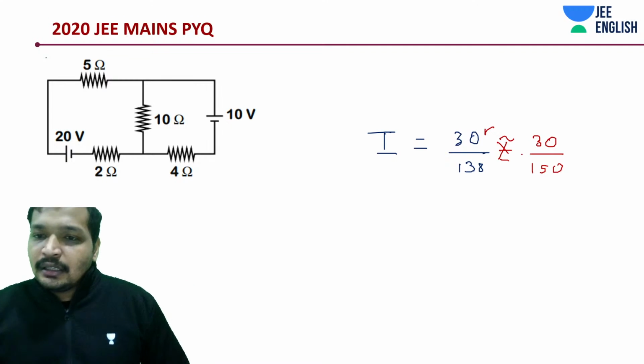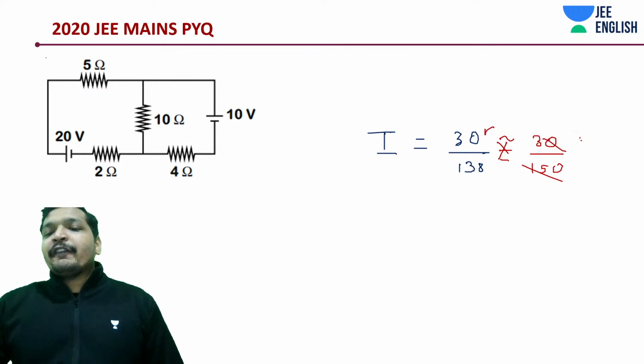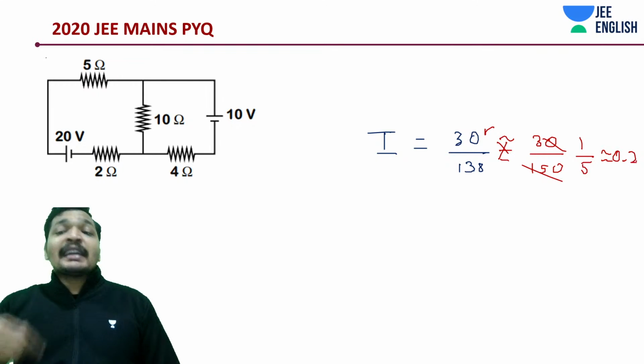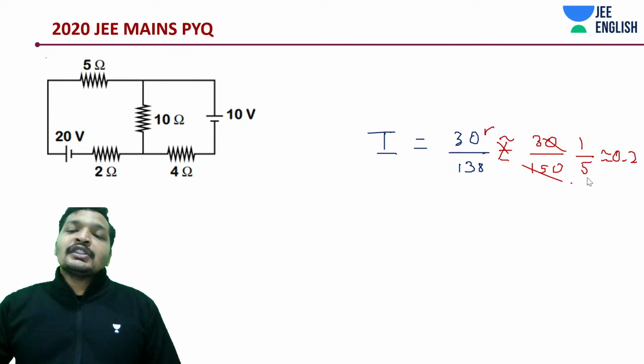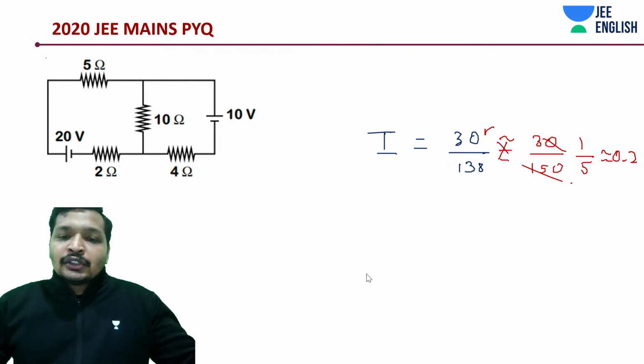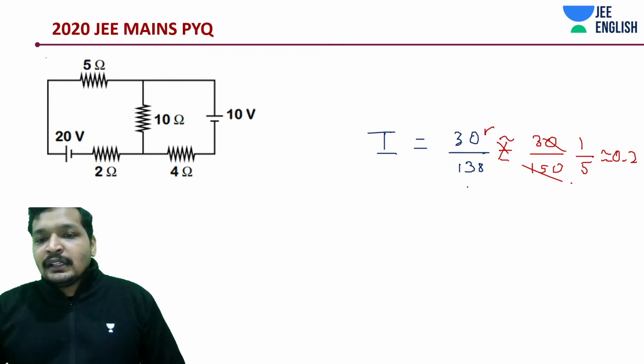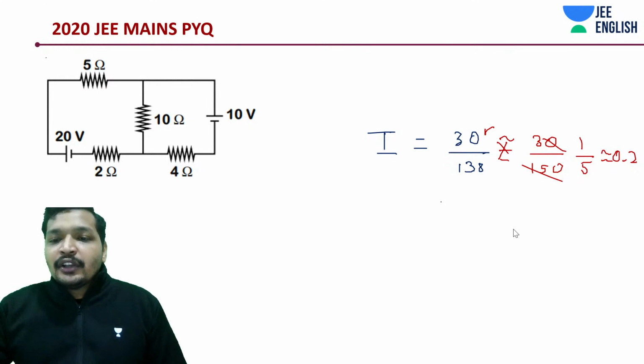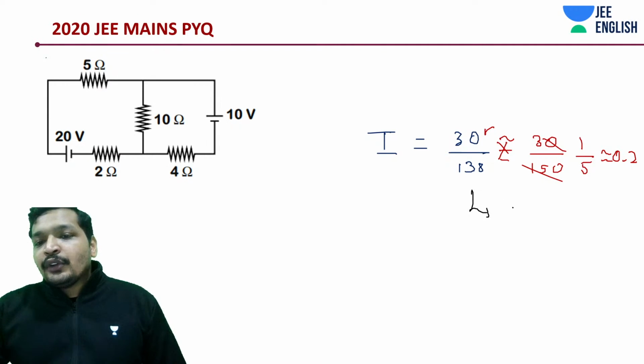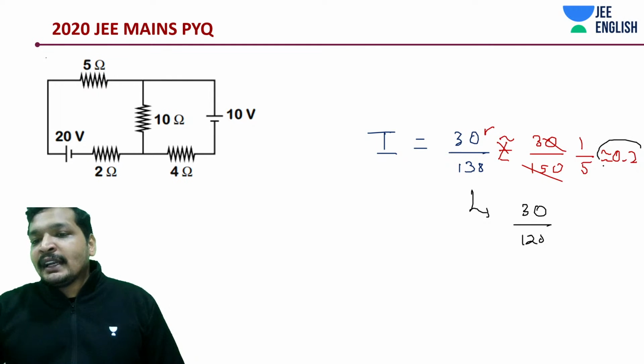That's it. Okay, so I have 1 by 5. My answer should be near about 0.2. But I increased the denominator, so my answer should be a little greater than 0.2. So think about it. You can take a range as well. If you're more comfortable finding the range, then your final answer should be greater than 0.2.